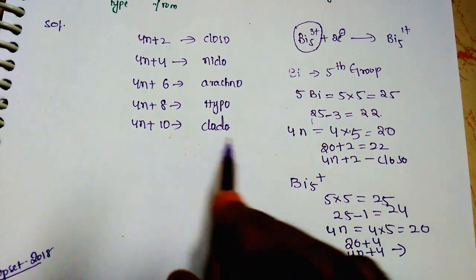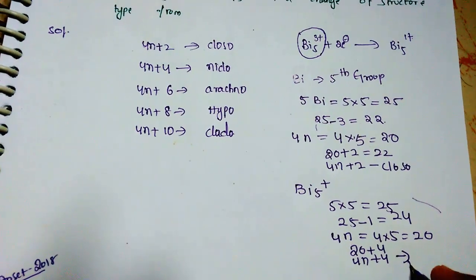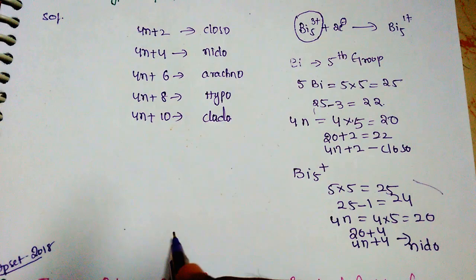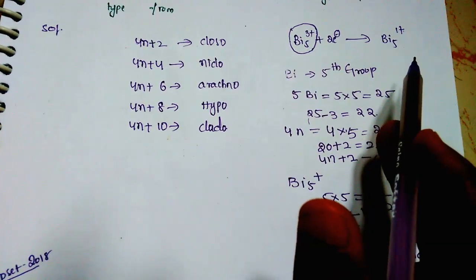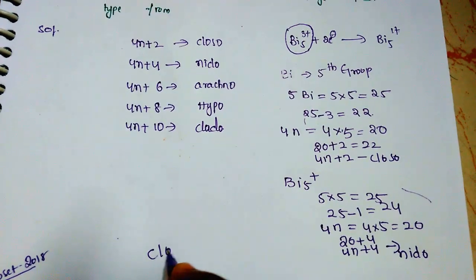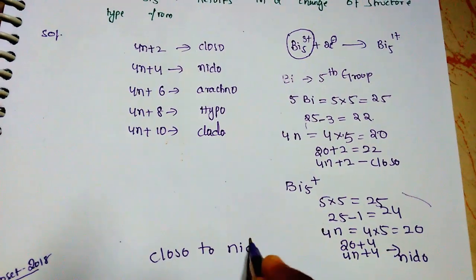This kind of structure is nido. So finally the Bi5 trication changes to the Bi5 monocation, that is closo to nido.